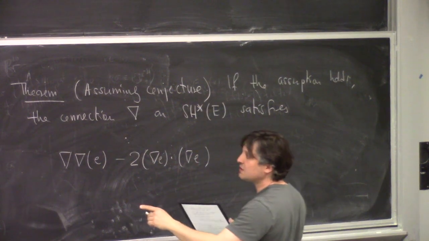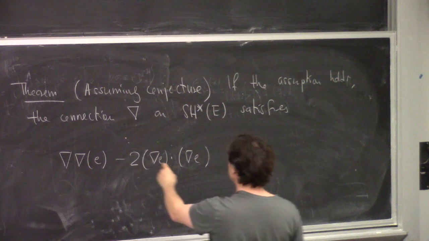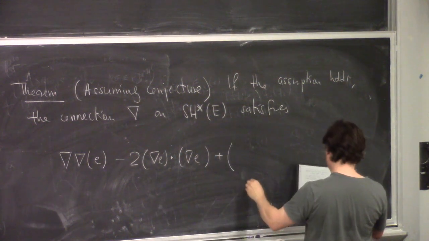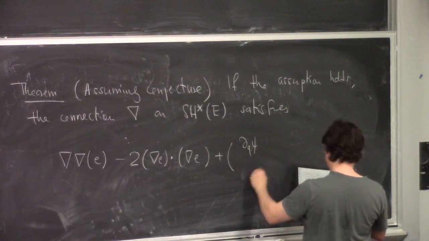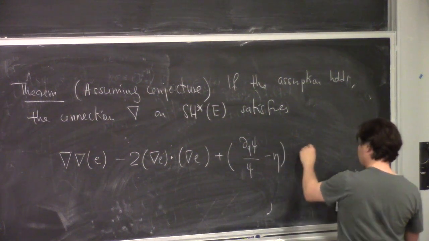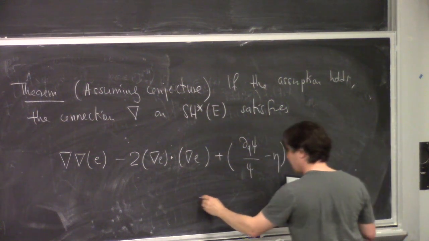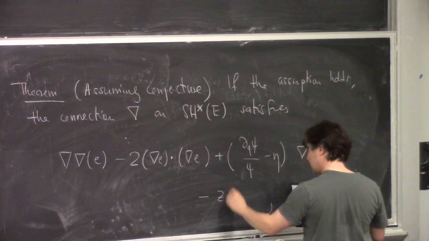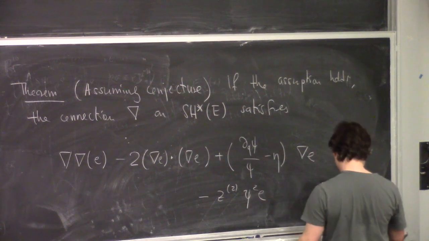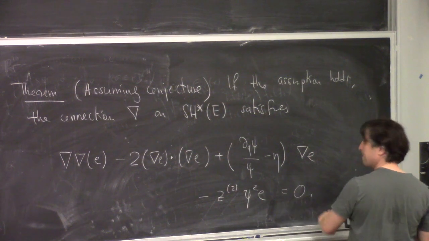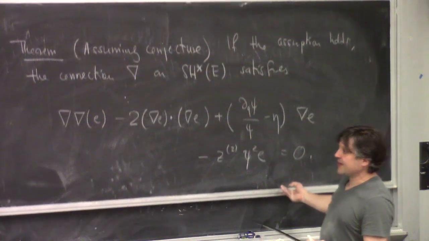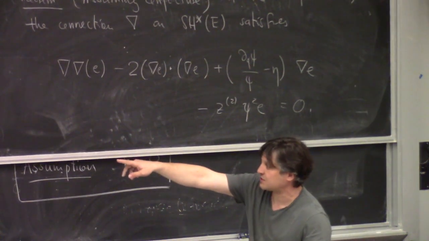Okay, this is the product in the symplectic homology, plus d cubed psi minus eta times this guy here, minus z. Okay, great fun. So psi and eta are the coefficients there.